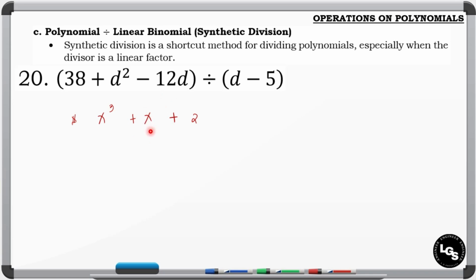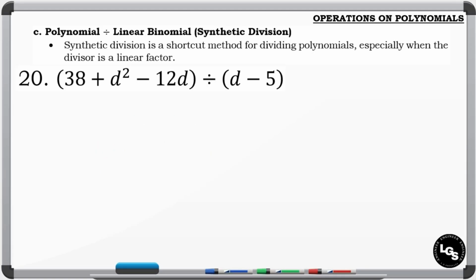If there is no x squared in the given, we are going to write a 0. So we will write x cubed plus 0 plus x plus 2. We insert 0 in exchange for the x squared. So that is one step in synthetic division.